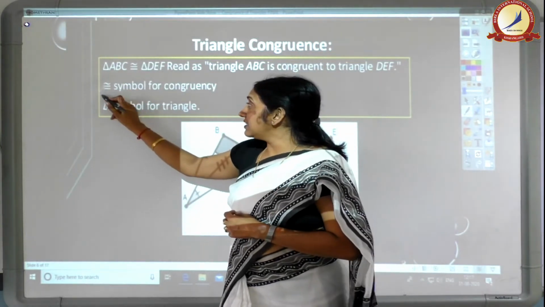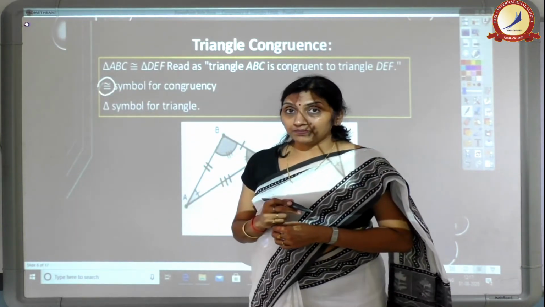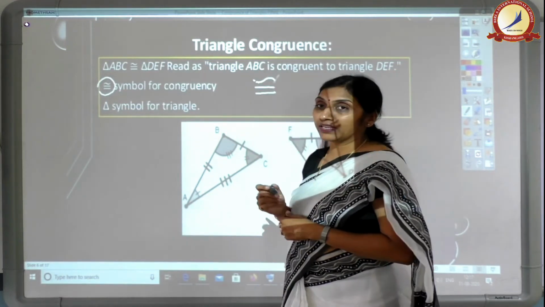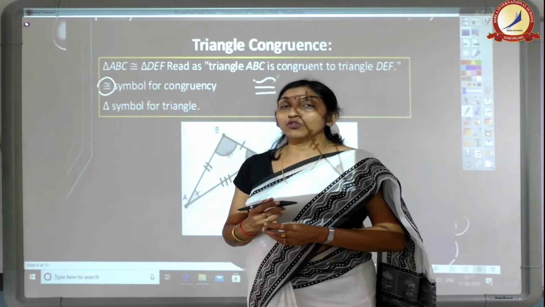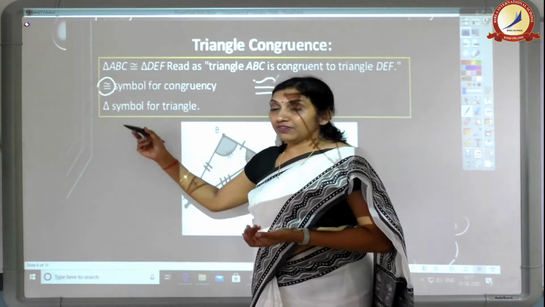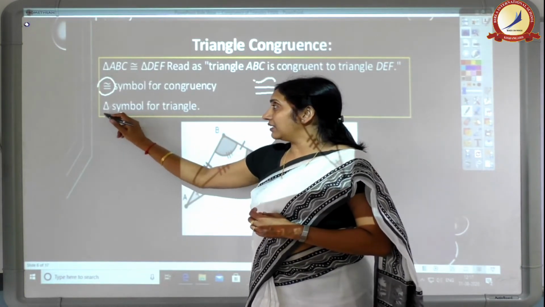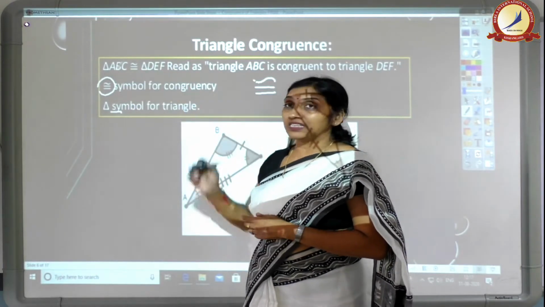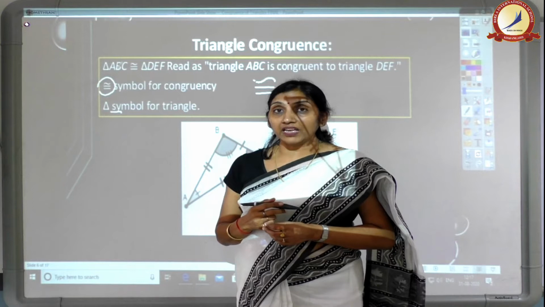And this is the congruent symbol. How do you write it? You just put an equal to sign and a wavy line on that. This is the symbol for congruence. And everyone knows how to represent a triangle in symbolic form. So this is how you write triangle ABC is congruent to triangle DEF.